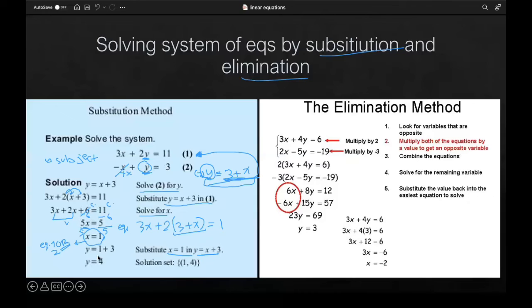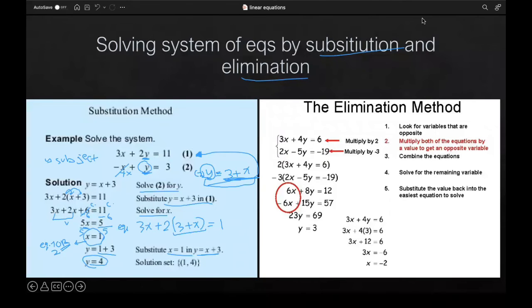So y equals 1 plus 3, y equals 4. Thus, the solution, a pair of, and so we get y equals 4. So the solution set for this system of equations is x equals 1 and y equals 4.